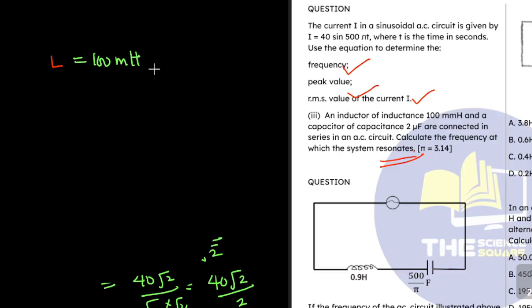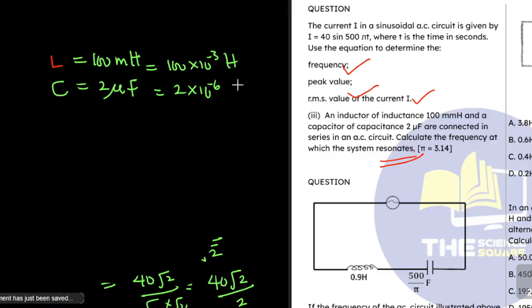So don't mind that double M that is there. It's millihenry. And the capacitance of the capacitor is given to be 2 microfarad. Of course, you agree with me that 100 millihenry means 100 times 10 raised to power minus 3 Henry, and 2 microfarad means 2 times 10 raised to the power minus 6 farad, and pi is given, of course.